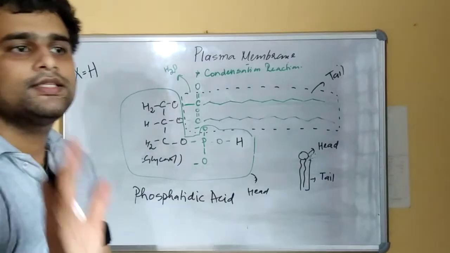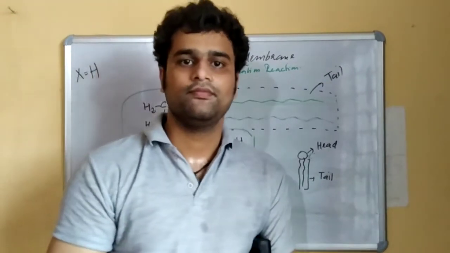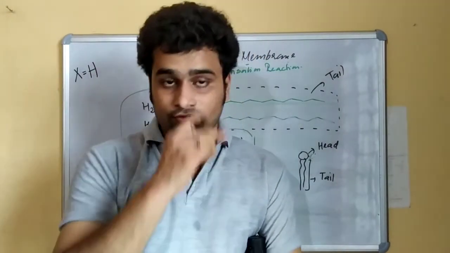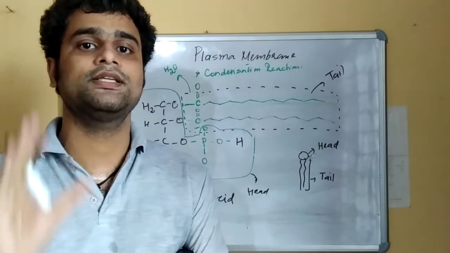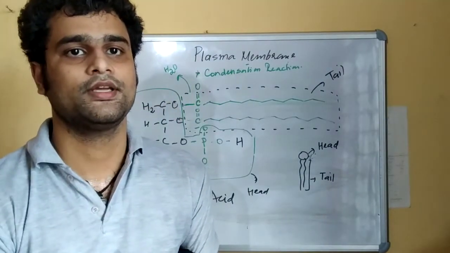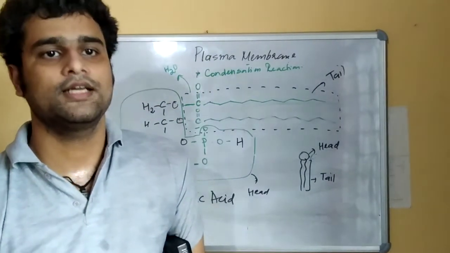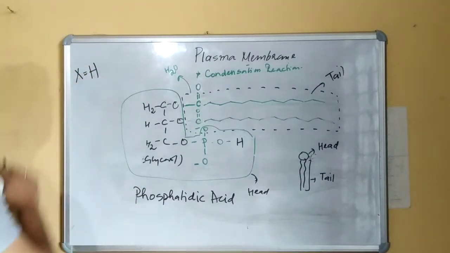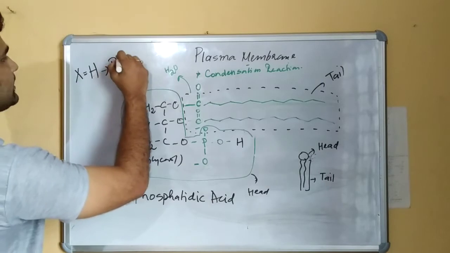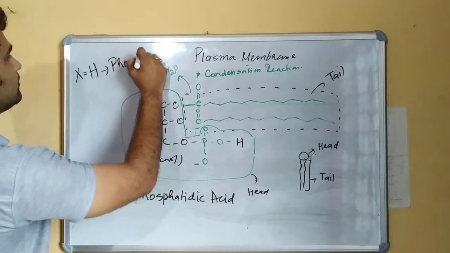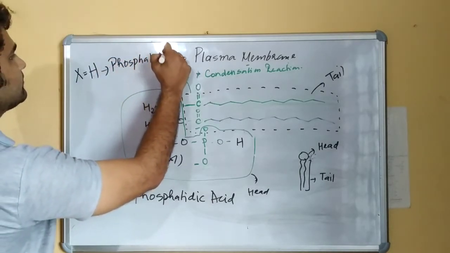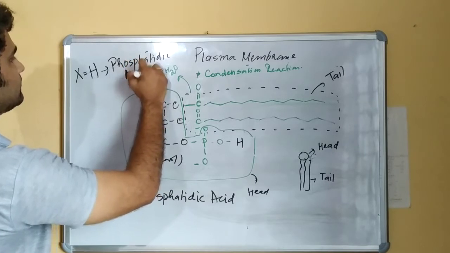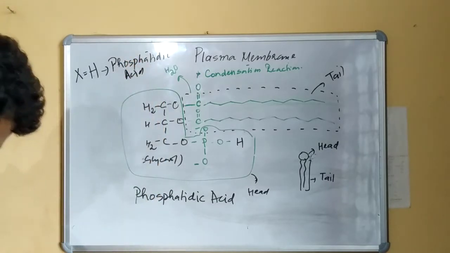And phosphatidic acid is the simplest glycerophospholipid. So if X is H, then the entire molecule is called phosphatidic acid.